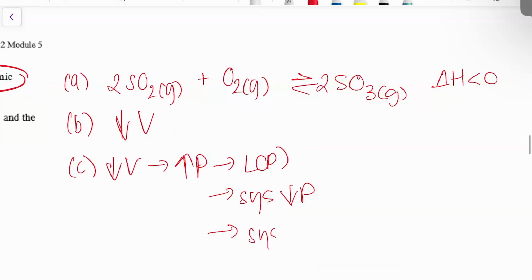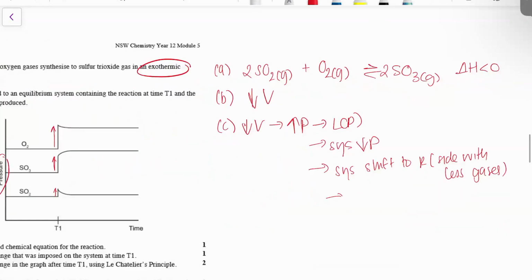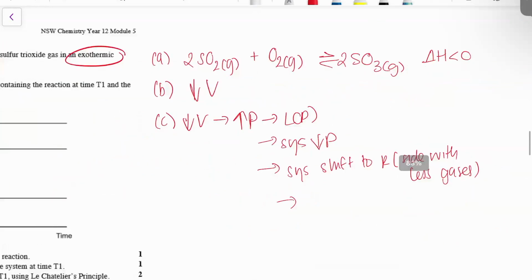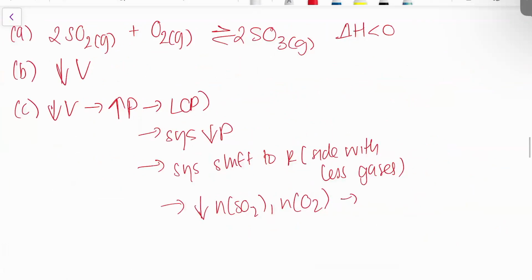So the system's gonna shift to the right, to the side with less gases. If you're shifting to the right, you make less of the stuff on the left. So you have lower moles of SO2, lower moles of O2. If you make less of certain gases, then the pressure of those gases goes down.